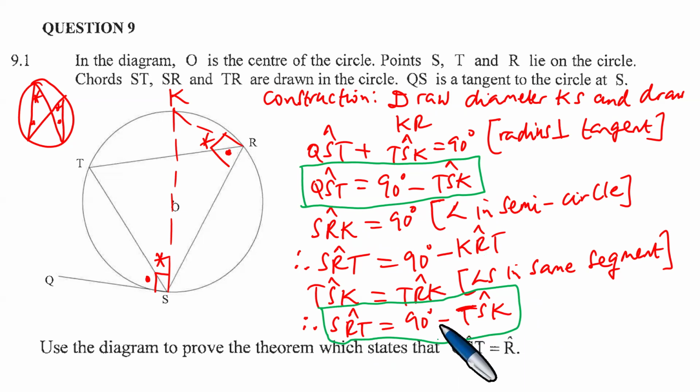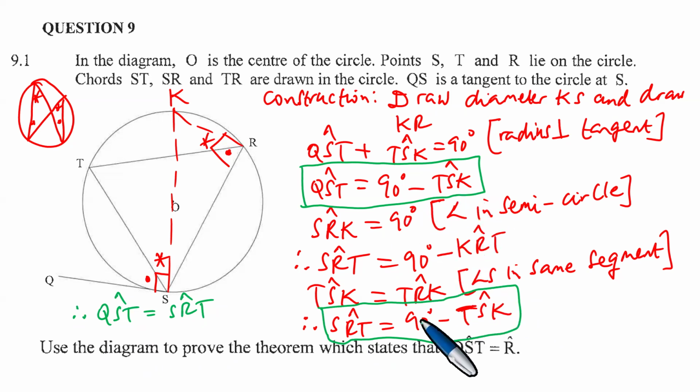Okay, this particular equation is 90 degrees minus TSK, 90 degrees minus TSK, which means we can conclude that angle QST is equal to angle SRT, because they are both equal to 90 degrees minus TSK.